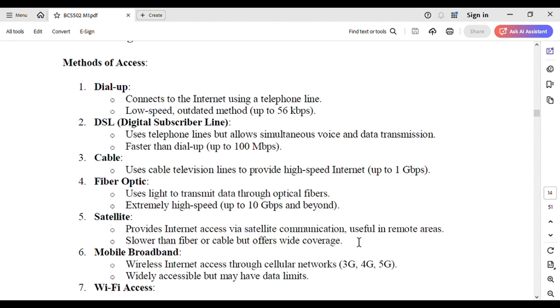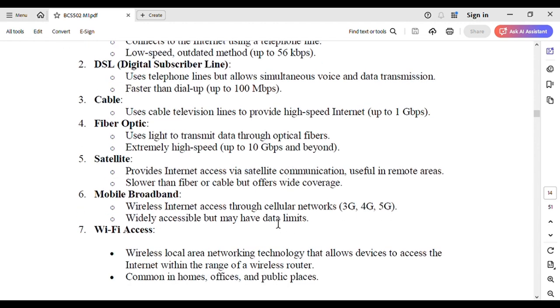Then we have mobile, where we should provide connectivity through base stations. Next, mobile broadband: wireless internet access through the cellular network, 3G, third generation, fourth generation, 5G, and Google balloons, etc. It is widely accessible but may have data limits.